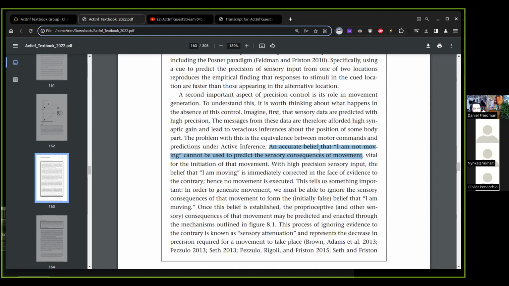And so the resolution of this challenge is you update your belief, I am standing up, while you're sitting down. Meanwhile, you engage in sensory attenuation. You release the attention on the proprioceptive input.